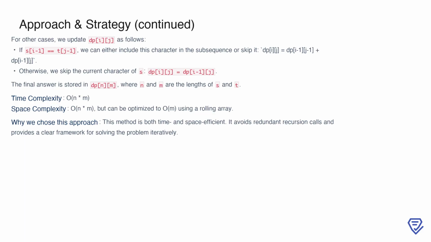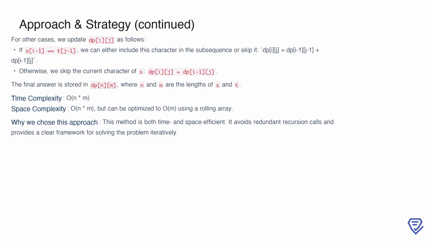This means DP[i][0] equals 1 for all i. Conversely, we cannot form a non-empty T from an empty S, so DP[0][j] equals 0 for all j greater than 0. Finally, when both strings are empty, there is exactly one matching subsequence, the empty string itself, so DP[0][0] equals 1.